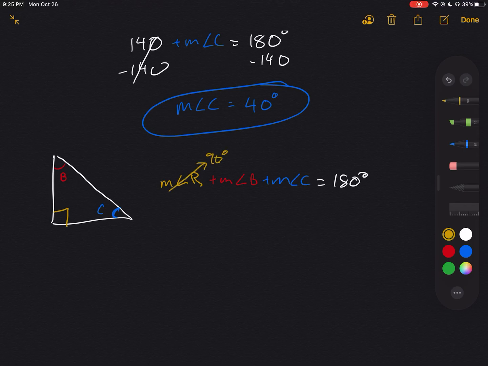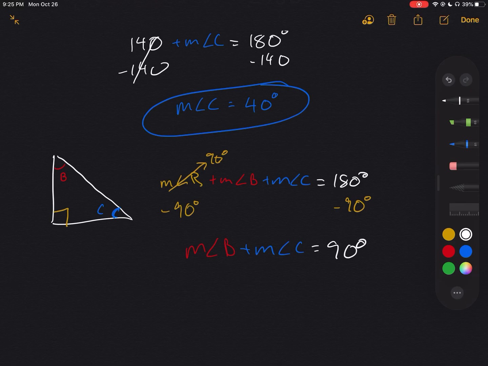And so I can subtract 90 degrees from both sides, and you can see that if I add up the other two angles, angle B plus angle C, then they'll be equal to 90 degrees. So if I have a right triangle, then I can add up the two non-right angles to get 90. And then I can just use the two of those to find whichever one is missing. So if I have a right triangle and I have either A or B or C, then I can find the other one using this.